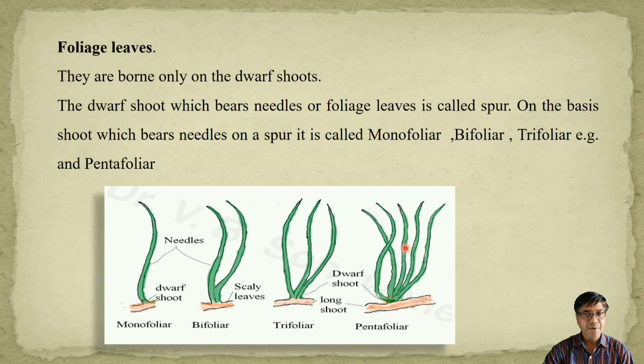A dry membranous sheath surrounds the base of each cluster of needles. The needles are persistent. They fall only when the spur is discarded as a whole.